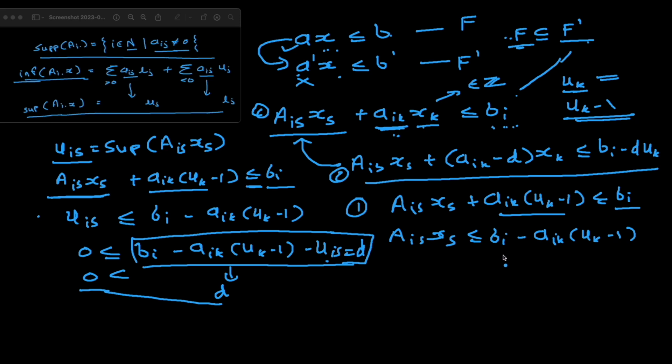So this part is the same as saying that this is equal to UIS plus D. So the bound for this part AIS XS is UIS, and over here we have less than or equal to, and this is UIS plus D, and we say that D is strictly greater than 0, right? So that means this constraint is trivially satisfied, and this bound is a little bit weak. It should ideally be UIS, but it has UIS plus D.